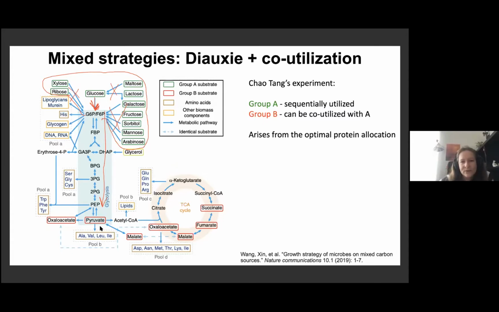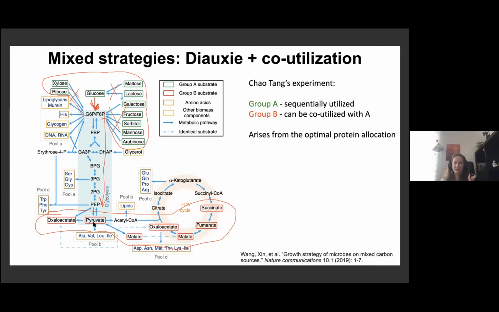But then you can have another set of substrates which come in here in those cycles which are downstream. And those cycles contain core metabolites that the cell will be dealing with anyways, right?